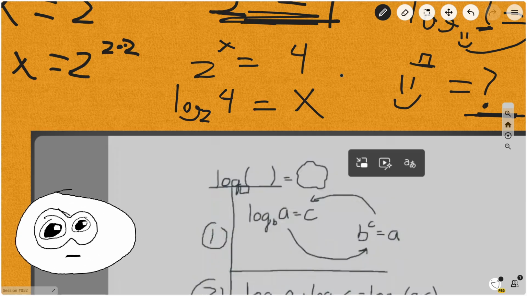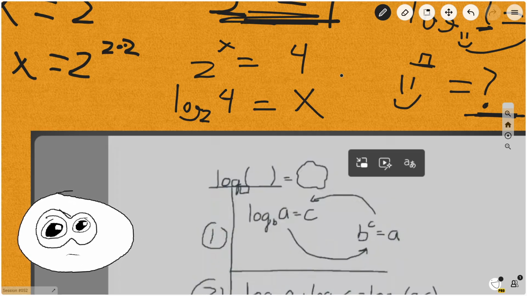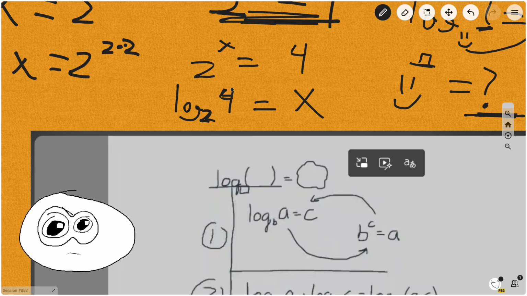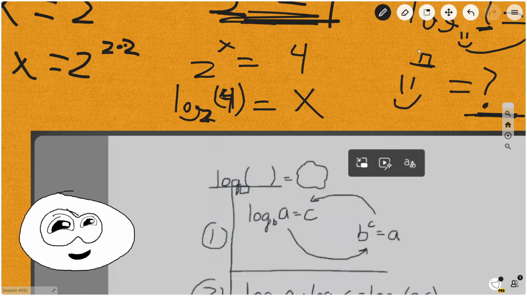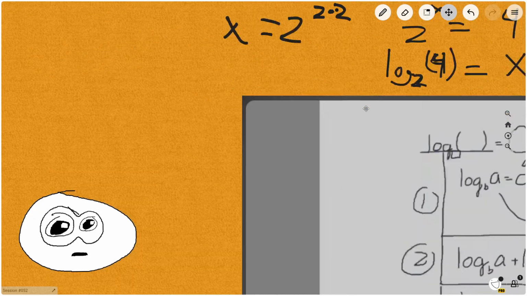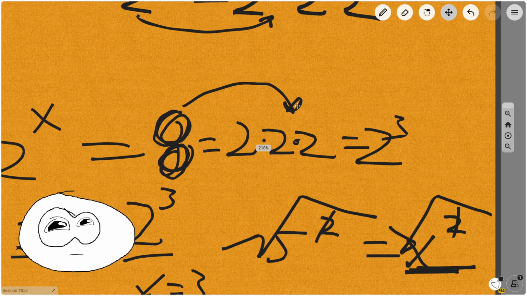And maybe this could be your answer. Maybe you could say, okay, well then I solve for x. It's this weird thing, log base 2 of 4. However, now we could also still apply that principle where we can break things apart.